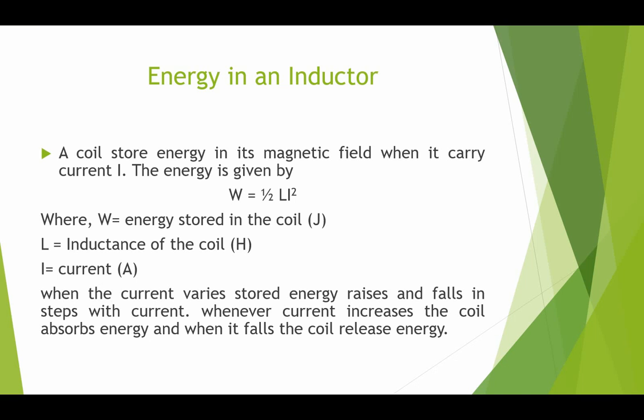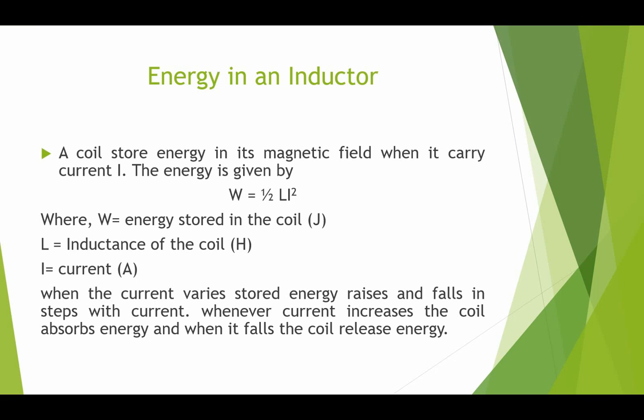Furthermore, when the current increases or varies, the stored energy also rises and falls in step with the current. Meaning, when current increases or decreases, energy also increases or decreases.